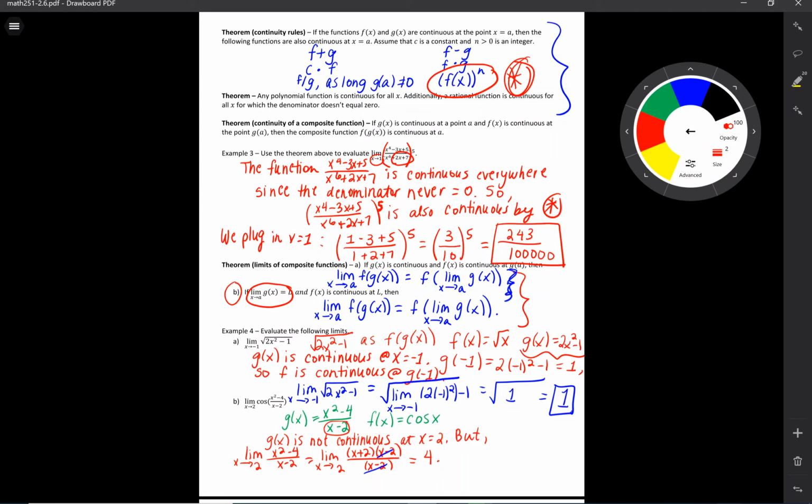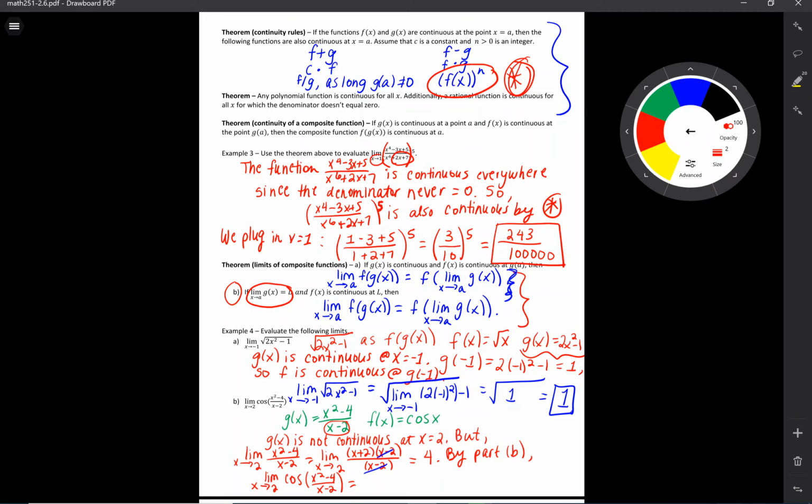So by part B of the theorem, I have the limit as x approaches 2 of cosine of (x squared minus 4) over (x minus 2) is equal to, we didn't check that f was continuous at L, but I can take the cosine of anything, so f is continuous at L, that's fine.